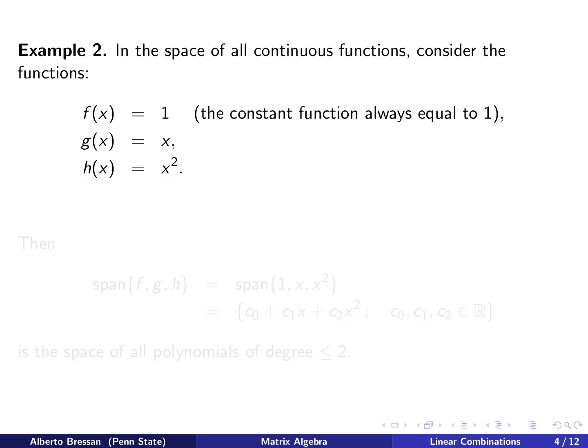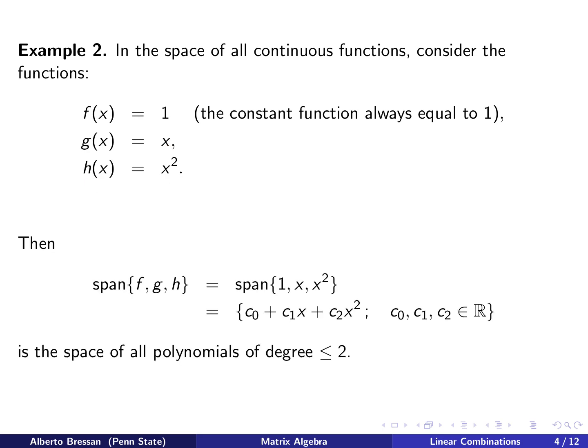Now let's take a second example. In the space of continuous functions, let's consider three functions. f of x is 1, that is the constant function which is always 1. And then g of x is x, and h of x is x squared. And then the span of these three functions, f, g, and h, that is the span of 1, x, and x squared, would be the set of linear combinations of these three.